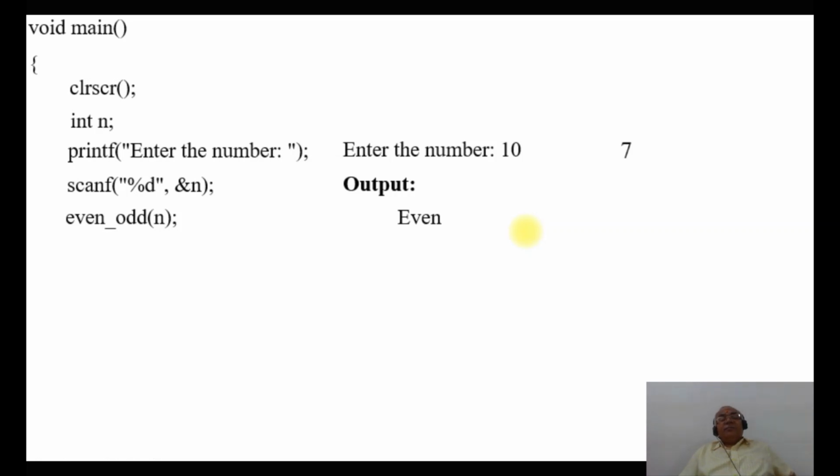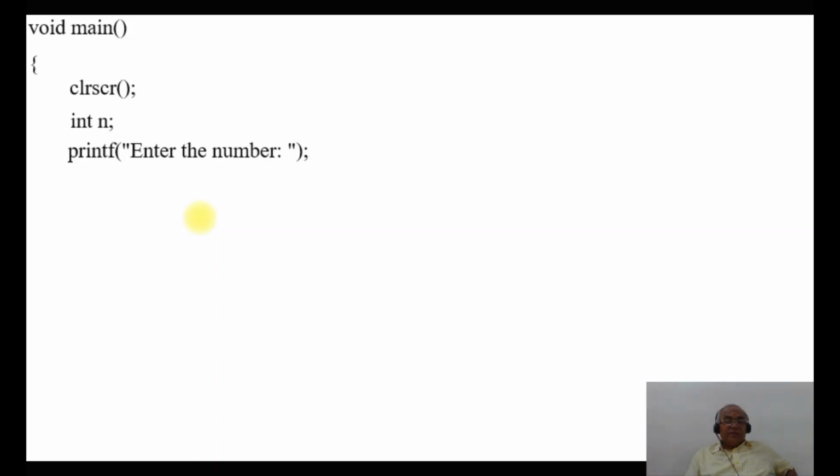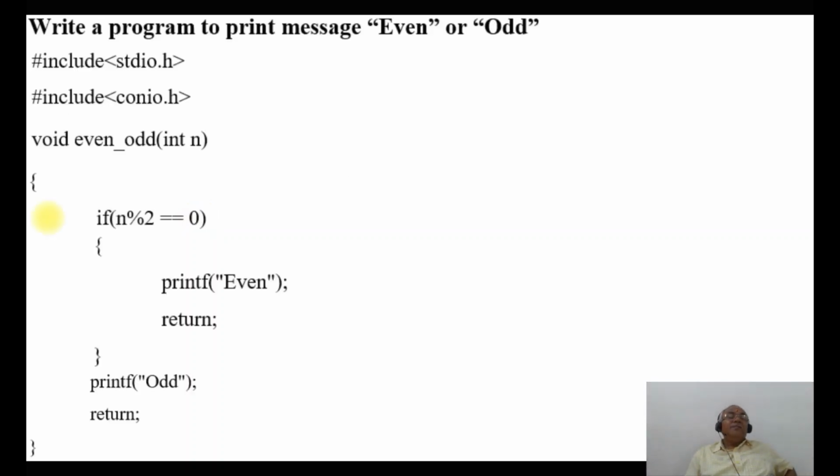Suppose I consider the number 7. Once you consider that 7, you enter the number, you read that number here, and the cursor moves to even_odd. Then it goes into the subprogram or the function, so that it operates according to the requirement or the conditions of this statement.